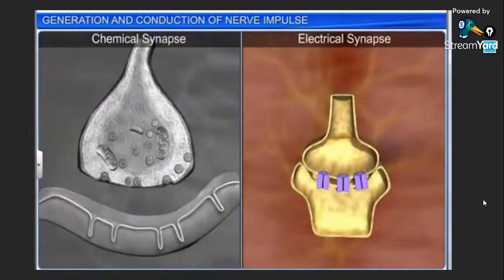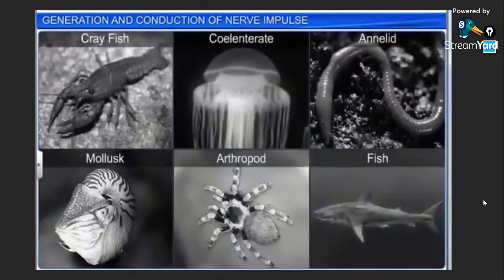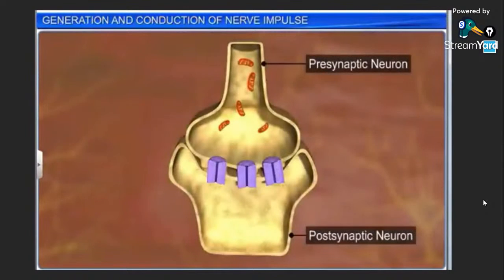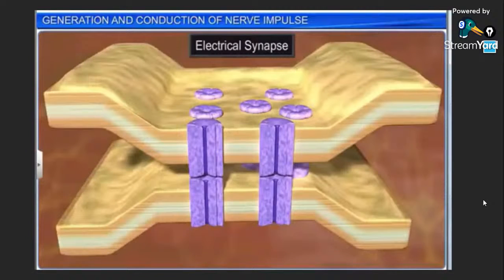Electrical synapses are the less common of the two types. They were first found in crayfish, later in coelenterates, annelids, mollusks, and fish. So in these organisms, you will find electrical synapses. The membranes of pre- and postsynaptic neurons of electrical synapses are in very close proximity.